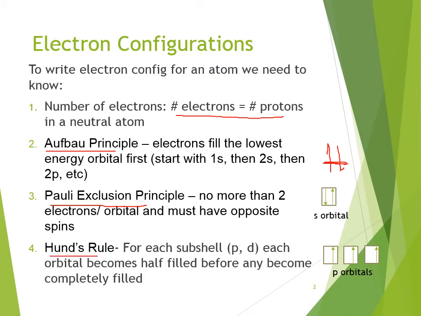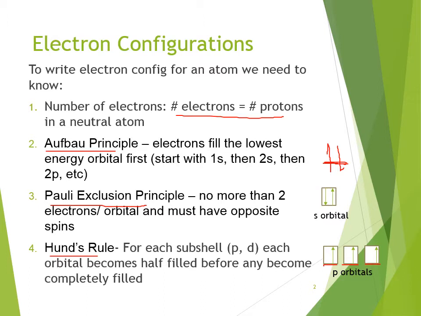Hund's rule tells us that when we are filling these in, each subshell should become half filled before any become completely filled. And this only applies to p and d orbitals, because p and d subshells have more than one orbital. So looking at this p orbital here, notice p, we said, has 3 orbitals.